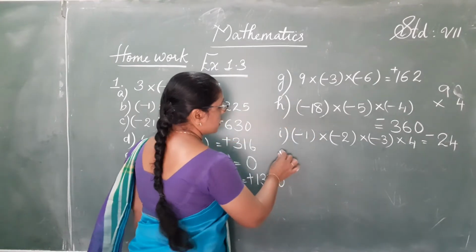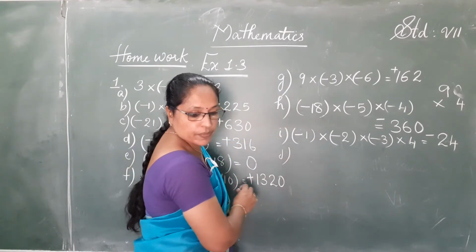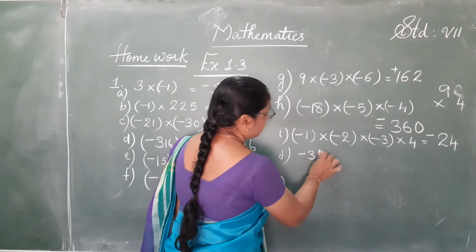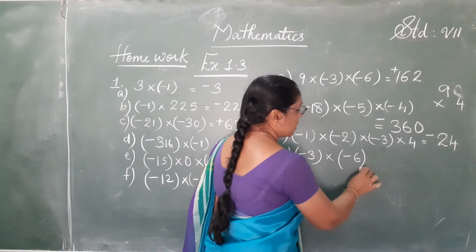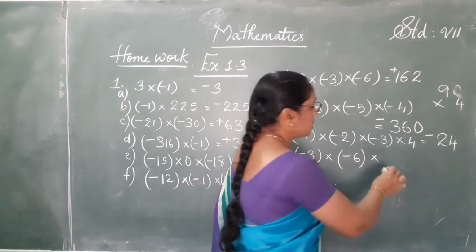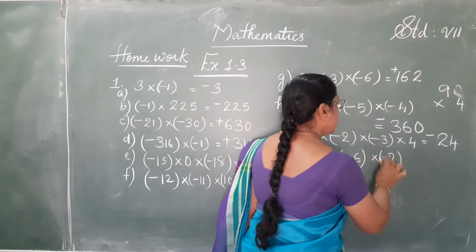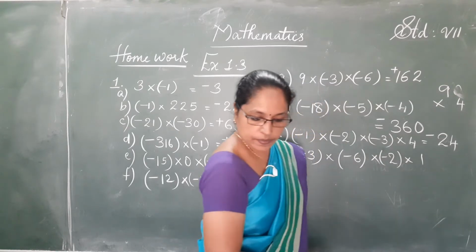Okay, next question: negative 3 into negative 6 into negative 2 into 1 into negative 1.